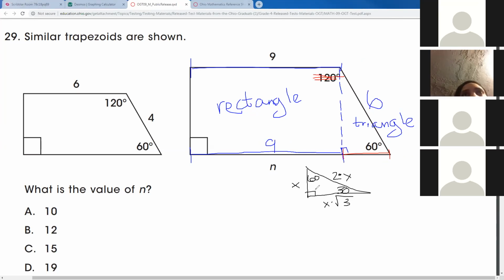On the triangle here, on the trapezoid, what side do we know? We went through that proportion process to find it. On this triangle, what side do we have an actual number for?